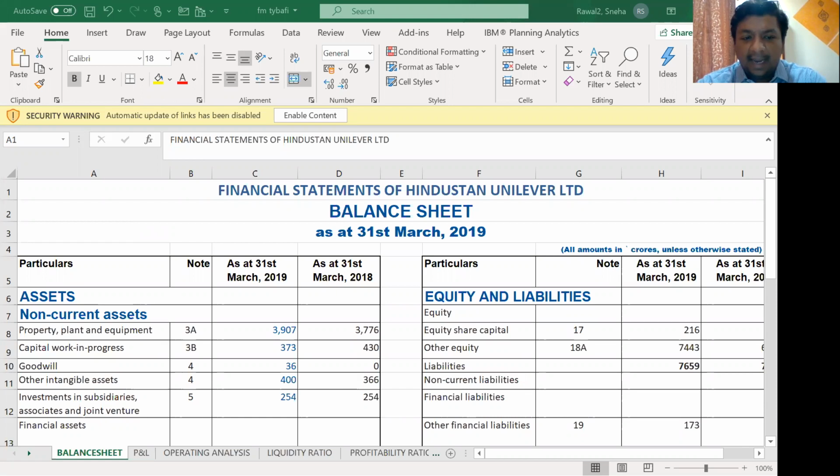The balance sheet and the profit and loss account are available as on 31st of March 2019. It's a public document available on the website of the company. So let us first go through the balance sheet.